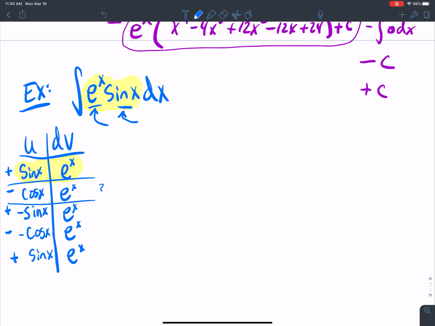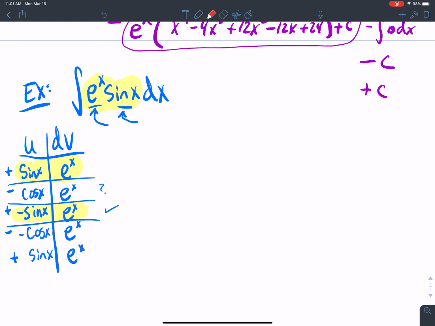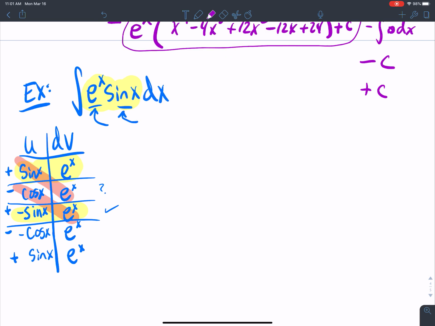Here for the second one, no. But here for this third one, yes, it is the same across there. So what we're going to do is we're only going to multiply on the diagonal for a couple of them. So those two, and then whenever I get to this yellow line here, that's whenever I change gears.